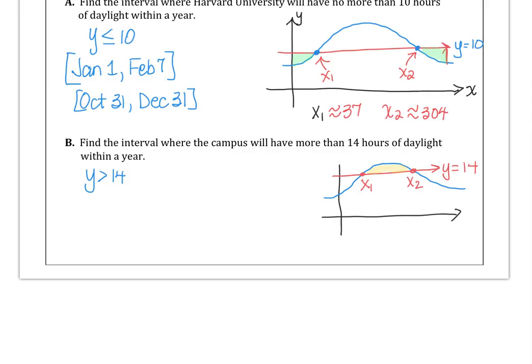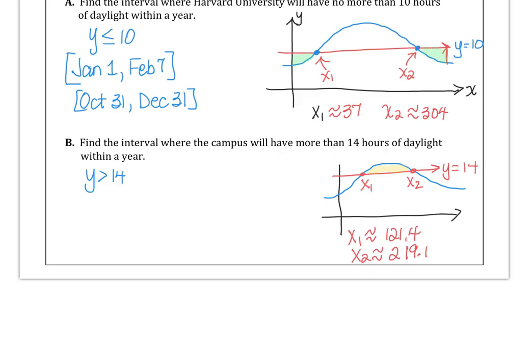So x1 is about 121.4. I'm going to round that to the next day, day 122. And x2 is 219.1, so we'll leave that at 219.